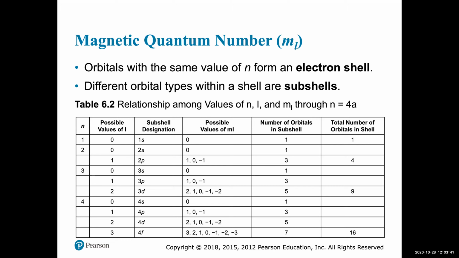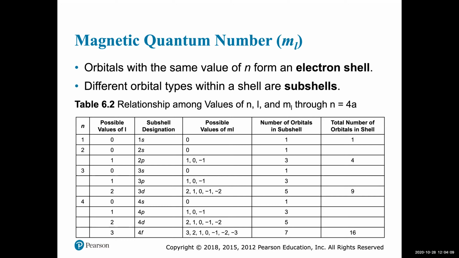So let's just go through a couple of these. For n equals 1, that tells us that l is 0. And so that designation is 1s. The possible value of m sub l is 0. And so then we know that there's 1 orbital in the subshell.